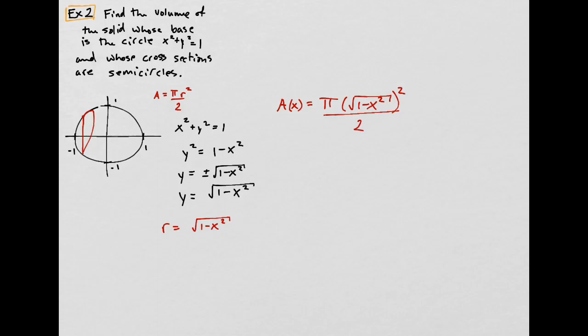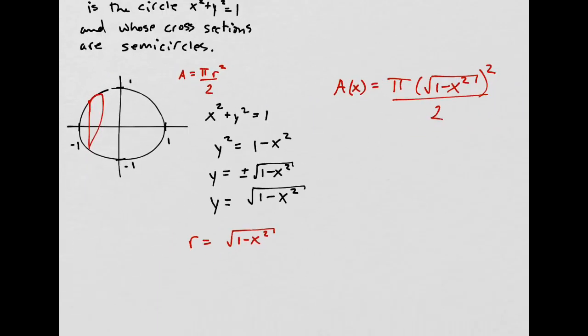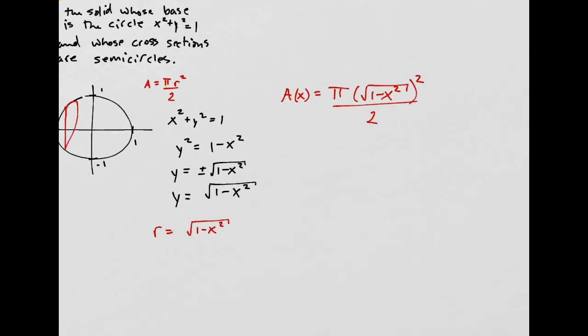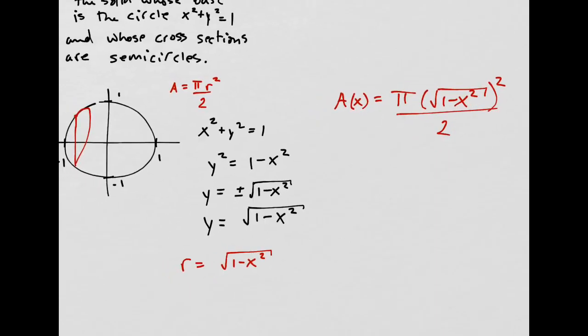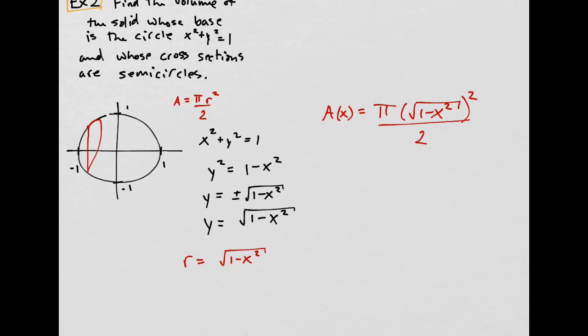Okay, then how would you get the volume generated by this cross section? Like what's the integral that I write? Anyone? Is it the integral from -1 to 1 of A of x, dx? Yep.